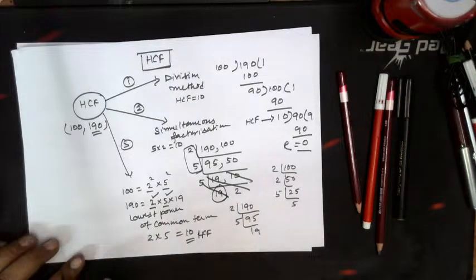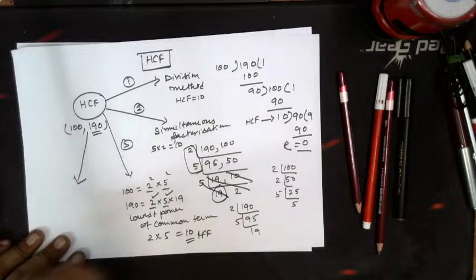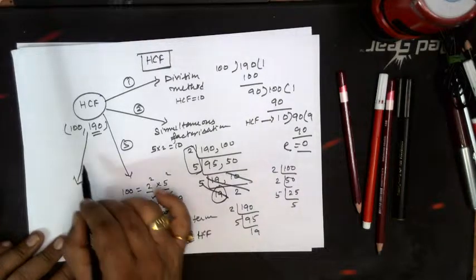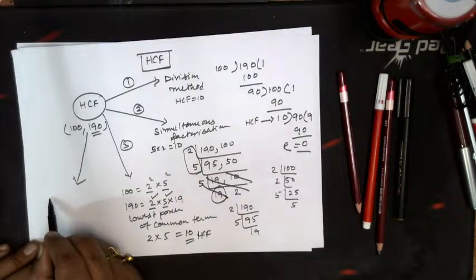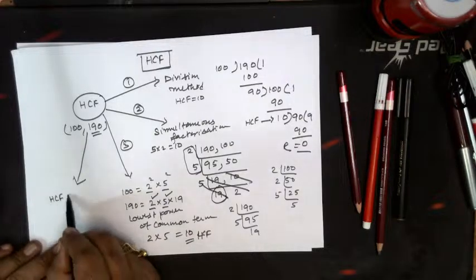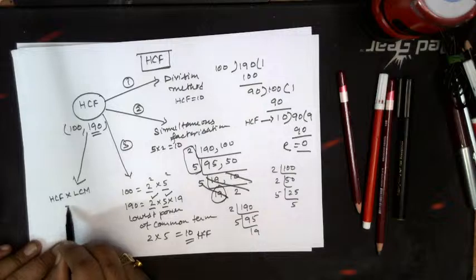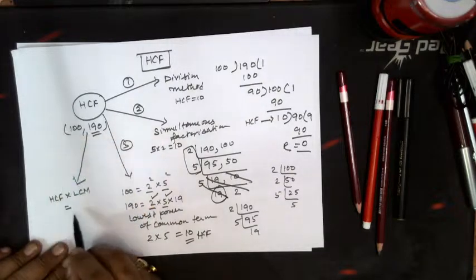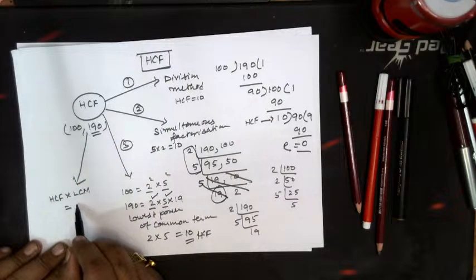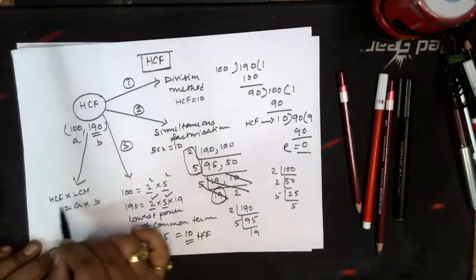There is another technique, that is, you can make use of this one also. For example, HCF into LCM is equal to the product of the given numbers, that is A into B. You can consider this A and B. Are you able to follow?